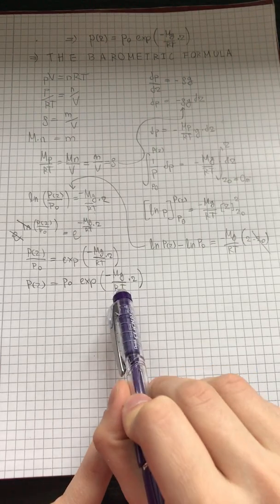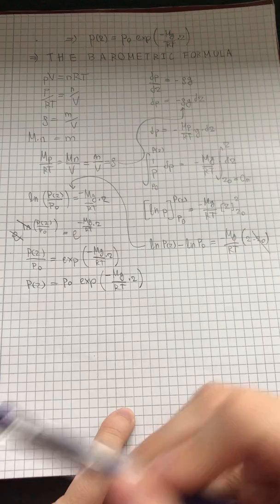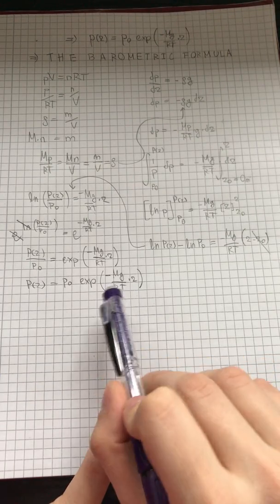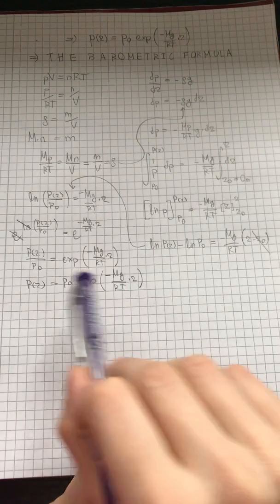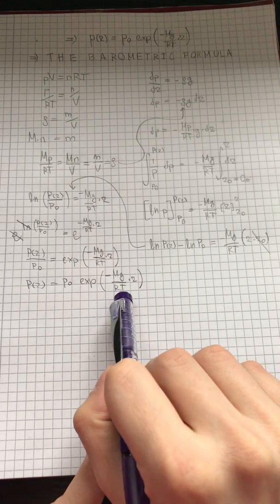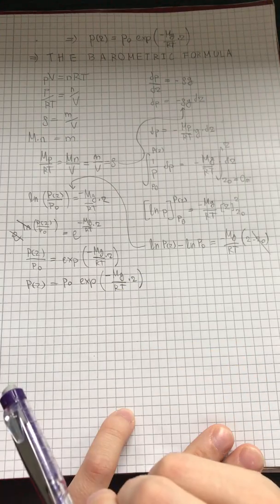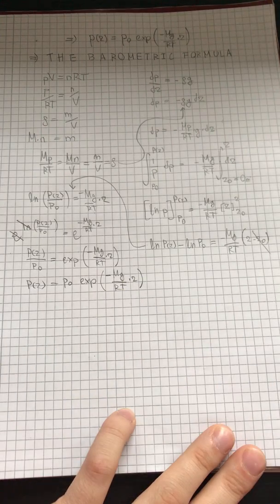Temperature will vary, and oftentimes in problems you're going to get a given temperature, and you need to calculate the pressure at a given temperature and then the given height. These two values will vary. And there you have it.